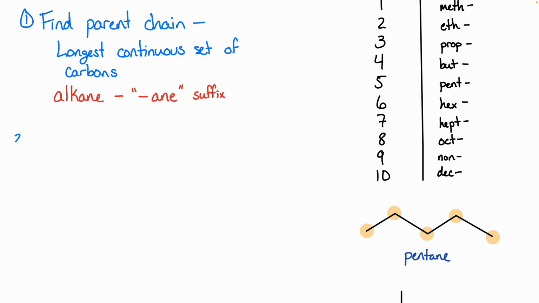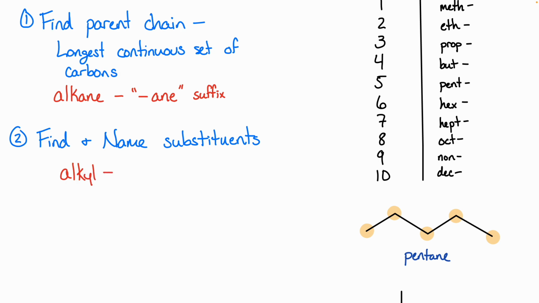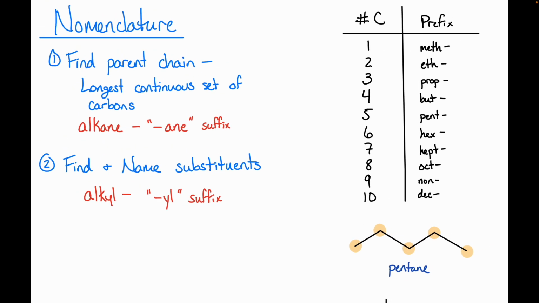Next, we're going to find and name what we call our substituents. Anything that's sticking off of that parent chain. For what we call alkyl substituents, meaning they're just carbons and hydrogens, you're going to use the YL suffix along with that prefix that corresponds to the number of carbons.